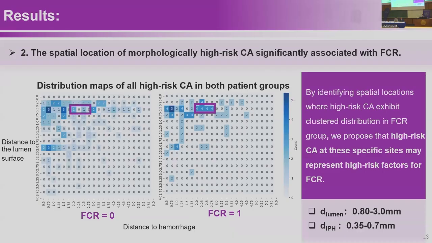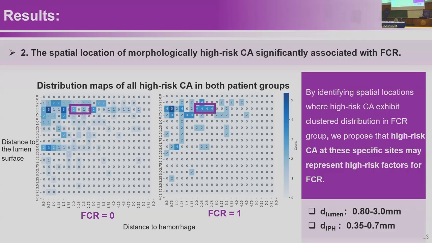So furthermore, we want to find the specific sites of the high-risk calcification that may represent high-risk factors for FCR. So we identified spatial locations of the FCR group and intact FC group.